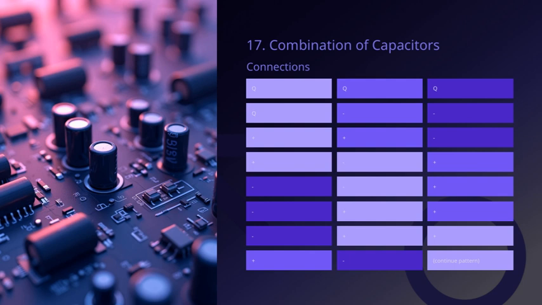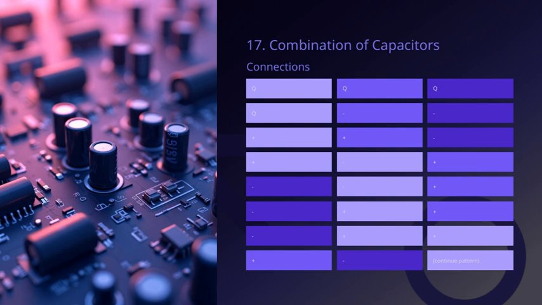Conversely, in parallel, the total capacitance is simply the sum of all individual capacitances, which is handy when we need a larger capacitance. It's important to recognize that the choice of combination depends on the specific requirements of your circuit. For example, if you need to store more charge, parallel is usually the way to go.